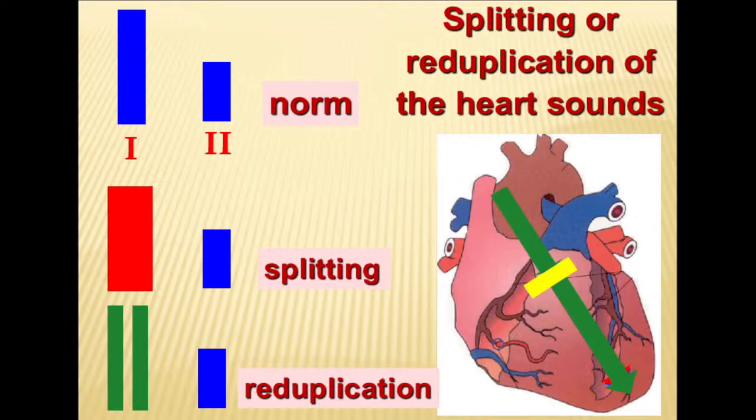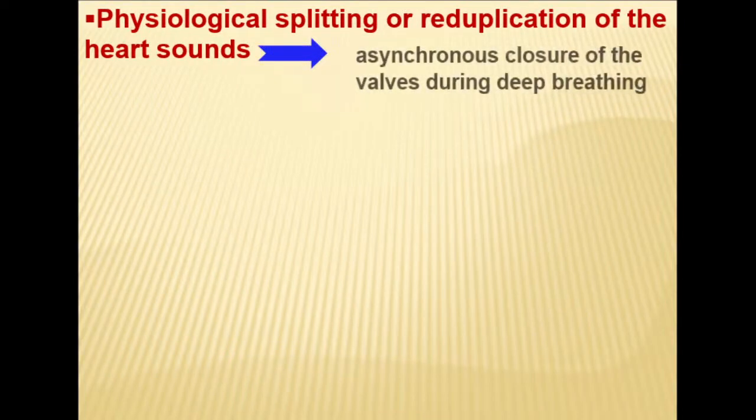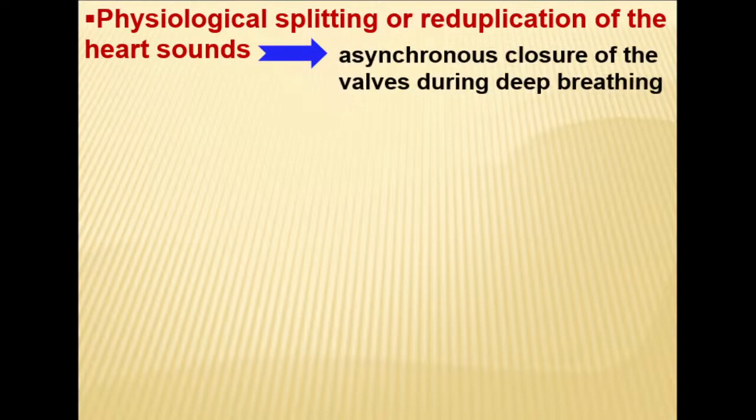If the process is deeper and the impulse stops longer in the AV node or goes more slowly along the left ventricle, the sound will be heard as two short components. We are talking about reduplication. It may be physiological or pathological.